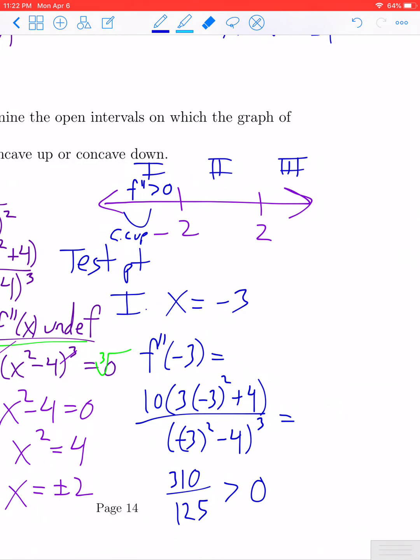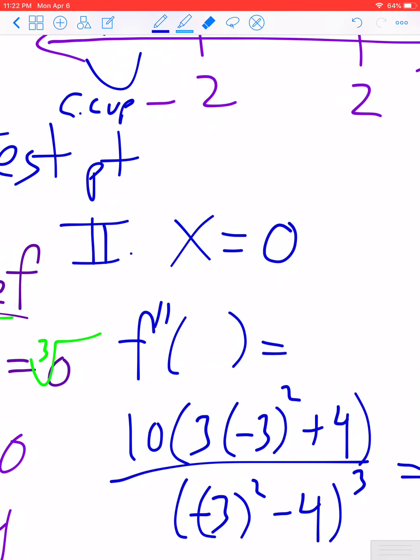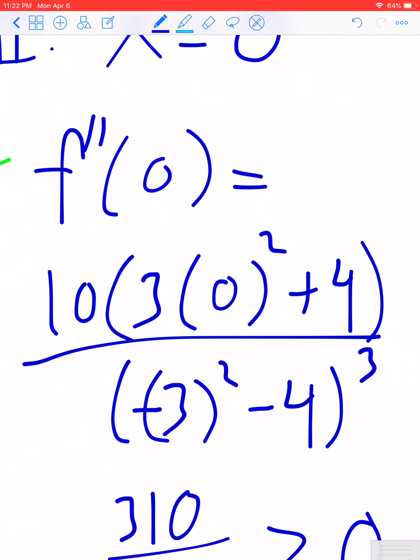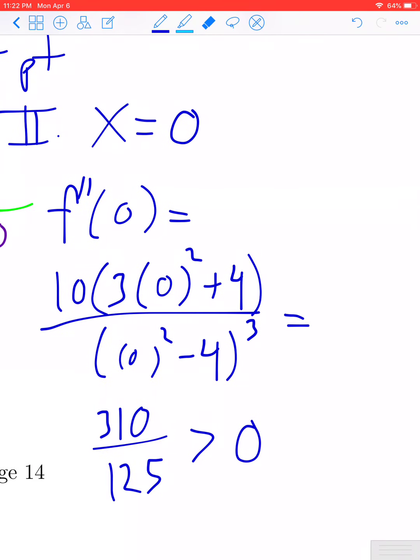Let's pick a test point for region 2. 0 is always nice when you're able to use it. If we want the value for f double prime of 0, this is going to be 10 times 3 times 0 squared plus 4 divided by 0 squared minus 4, cubed.